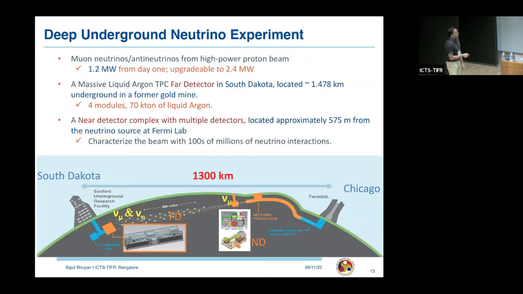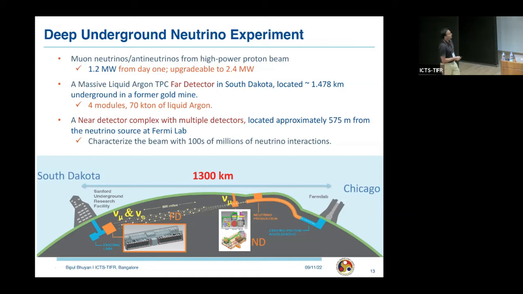Okay, now let's talk about DUNE. This is going to be a facility where we are going to get muon neutrinos, and also antineutrinos, from a high power proton beam. We are getting about 1.2 megawatt of beam from day one, and this is going to be upgradable to 2.4 megawatt. Then we are putting a massive liquid argon TPC as a Far detector in South Dakota, around 1.5 kilometer deep underground.